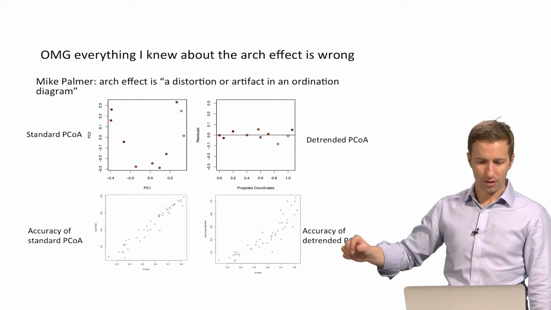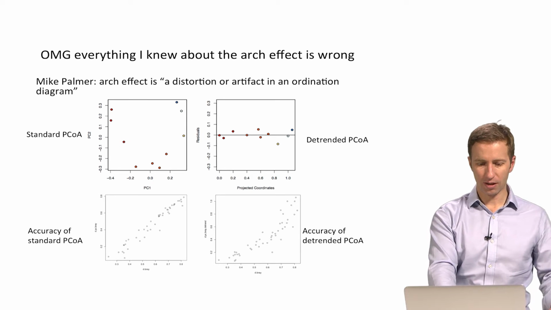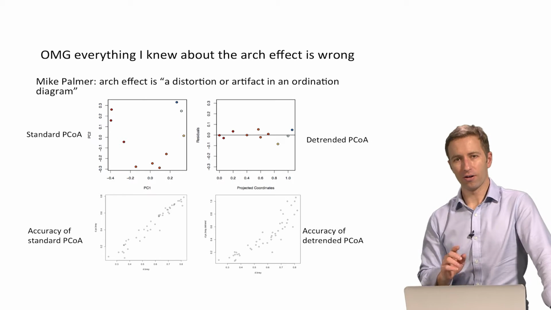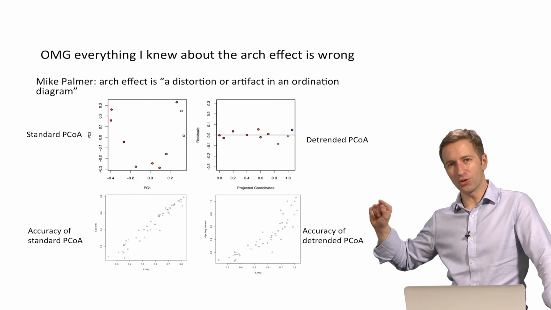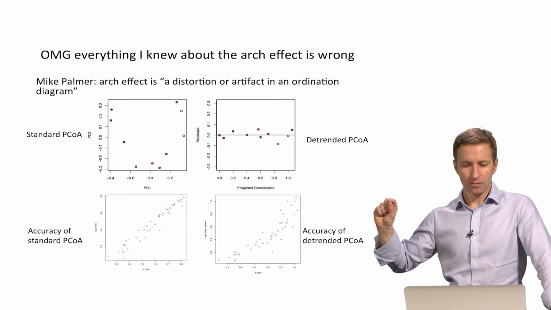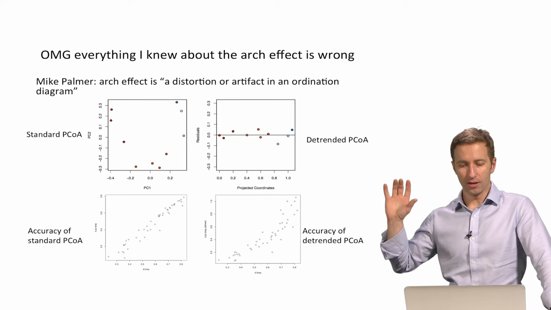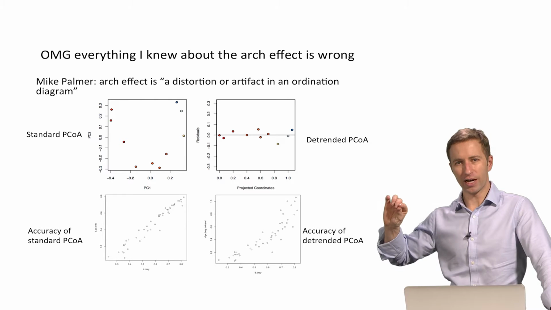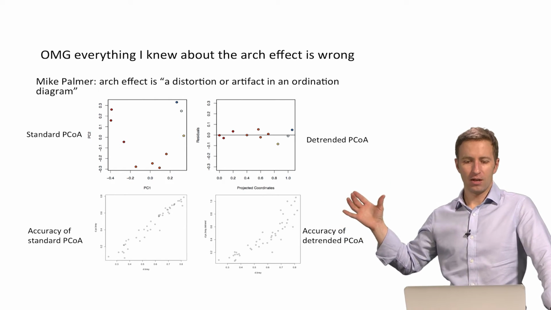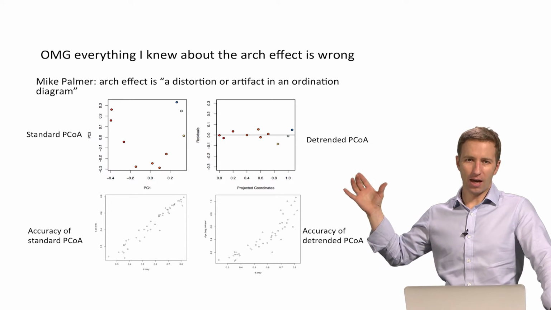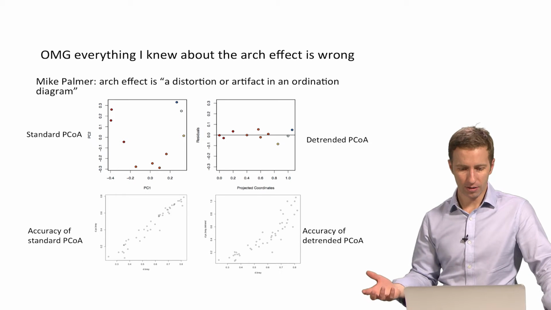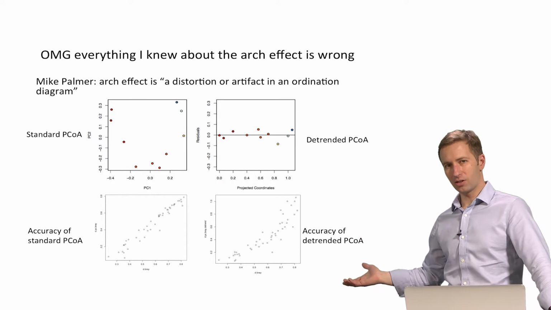There's a nice scatter plot there, nice y equals x correlation. If you compare the distances in this detrended version, and we'll talk about how we get that version later, so this is, again, literally like taking a ruler and measuring how far apart the points are from each other on the slide, to the actual ecological distances between samples using Bray-Curtis, then you get this scatter plot.